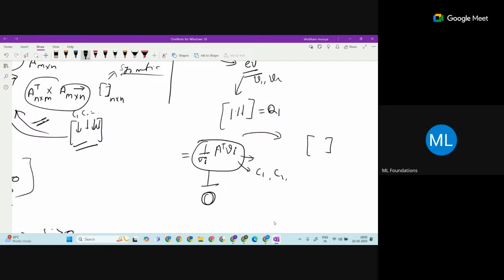Then what is the process? The process is to find a vector, let's say u, which is orthogonal to these two, and fill that one in place of this one. So this is C1, this is C2, and this is going to be u.